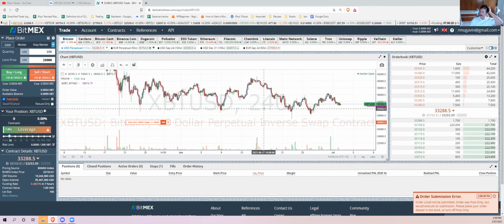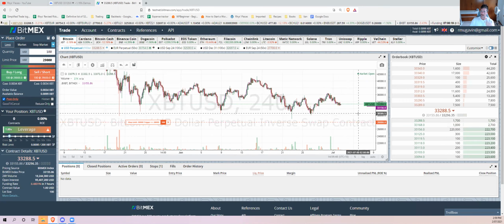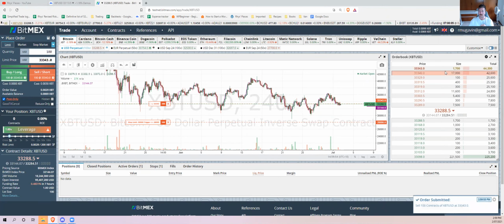So what post only does is it ensures that your limit orders can't act as market orders. They only are processed if they would go into the book, and orders that go into the book aren't market orders, right? They're limit orders. So let's say that I put in a sell at that price now, we can see that going to the book.